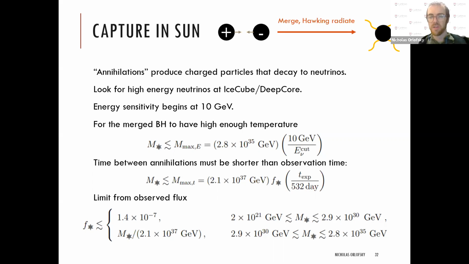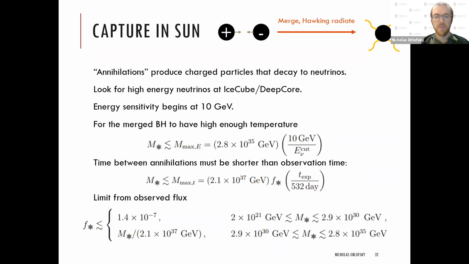I will caution, and we spell out in great detail how we do this in the paper, that we took some simplifying assumptions here. The main problem is that the sun is actually opaque to neutrinos higher than about 100 GeV, and so you need to treat the lighter mass black holes that radiate at higher energies with a little bit more care.